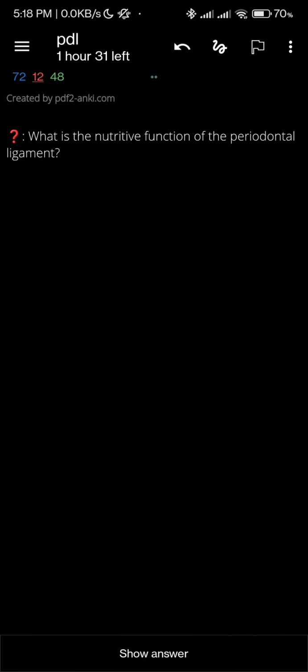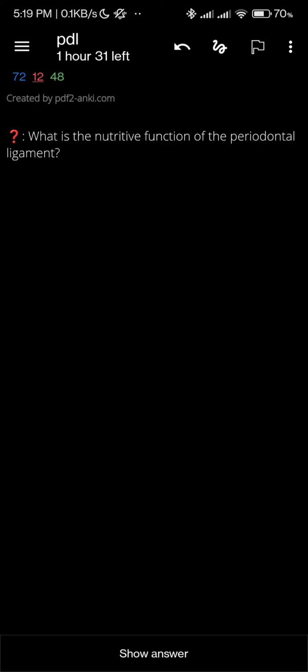Okay. So what is the nutritive function of the periodontal ligaments? Periodontal ligament has blood supply. So they provide anabolites and remove catabolites from the ligament.